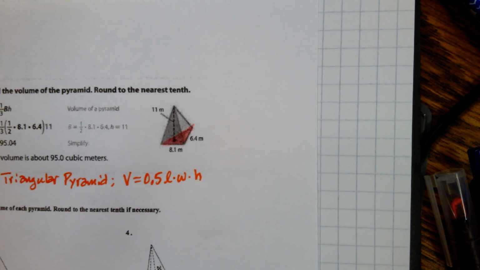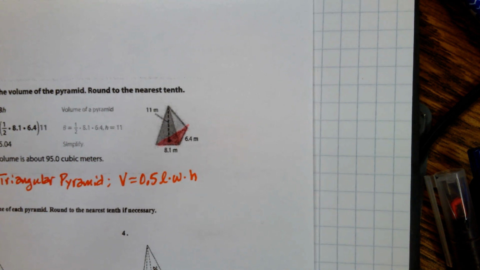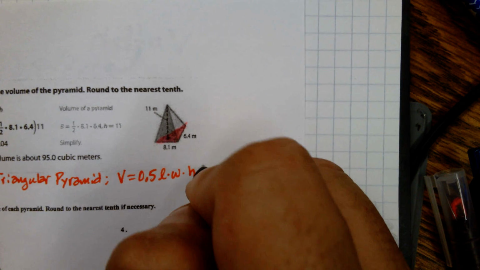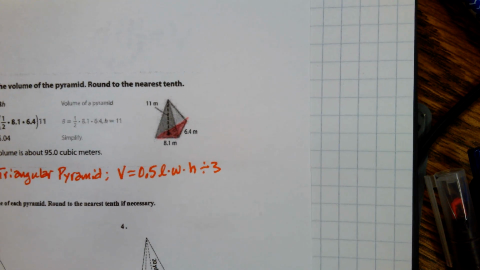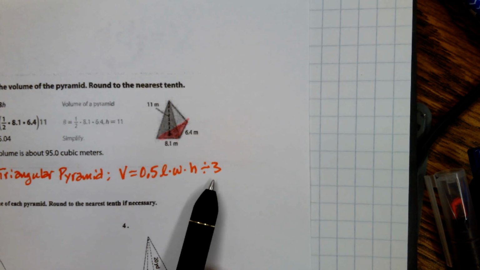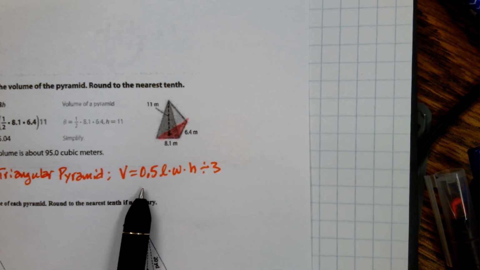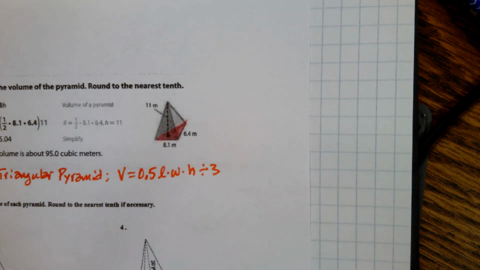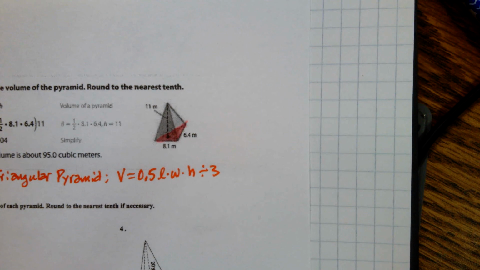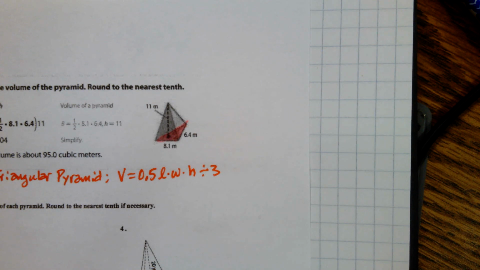And how do we take care of that 1/3? Instead of multiplying by 1/3, we divide by 3. So that's how we're going to do this. You're going to do everything we did on the previous page, but then you also have to multiply by 0.5. And that only happens when you have a triangle as a base. If you have a triangle as a base, this is how we're going to handle it.